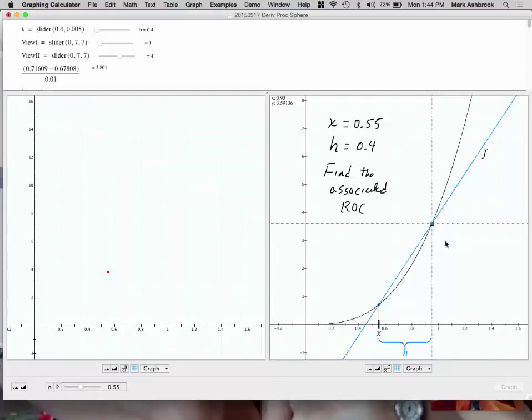And this point is 3.5914. 3.5914 is the y value. 6969, is that what we said?